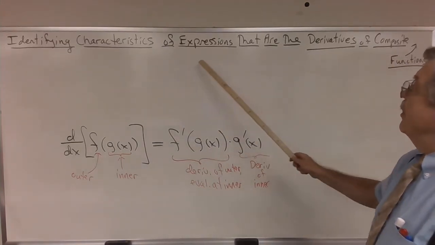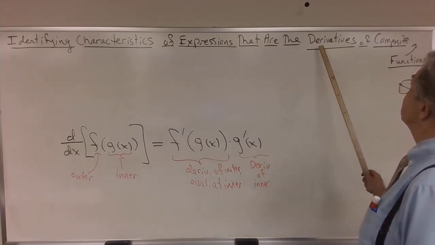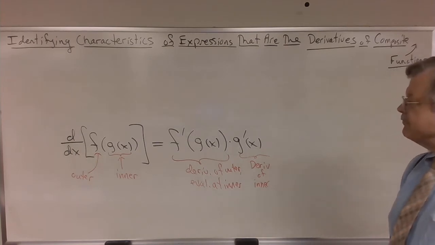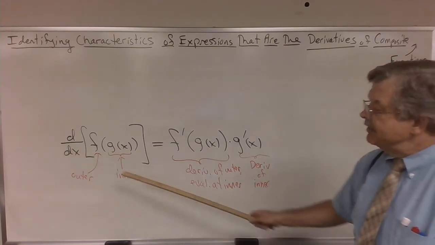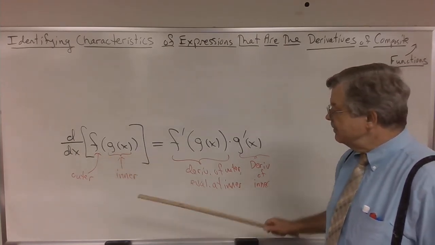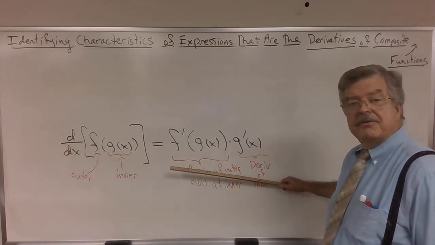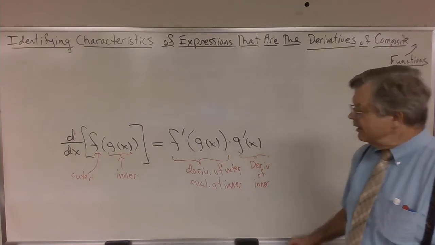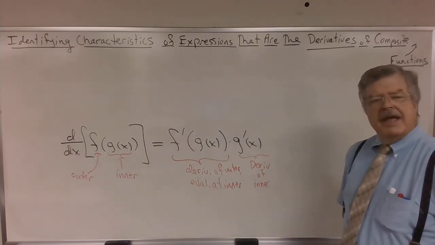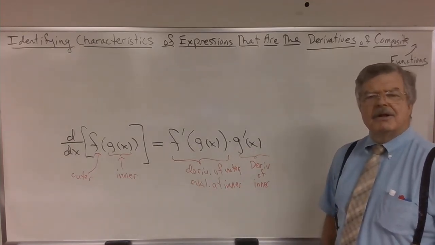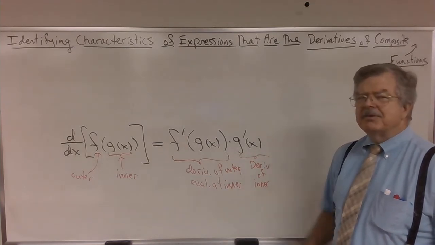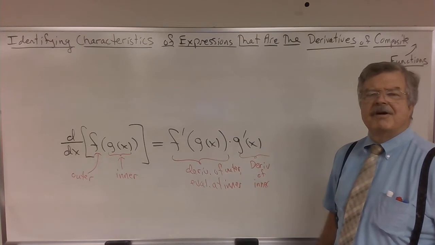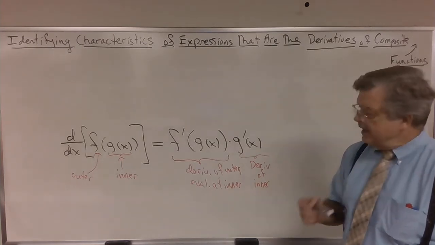We want to know what derivatives of composite functions look like. So we've taken a generic composite function, we've computed its derivative, and now we're going to analyze this thing. We're going to look at the derivative and pick out any and all unusual characteristics, characteristics that aren't common to all functions in general.